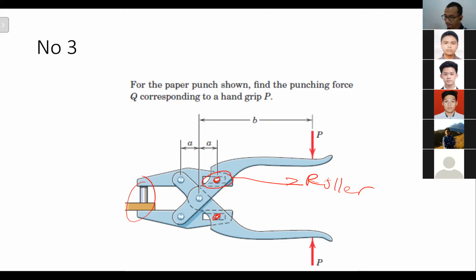Somehow the question is not stating the distance at y, so I cannot calculate the moment between each other. Why not, Matthew? I don't know how to find the distance, sir, because it's not given.